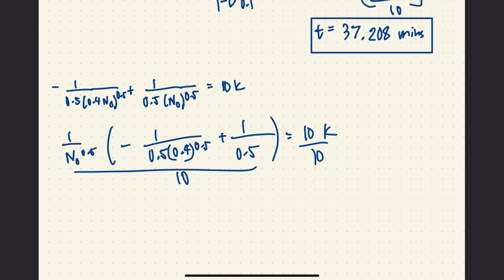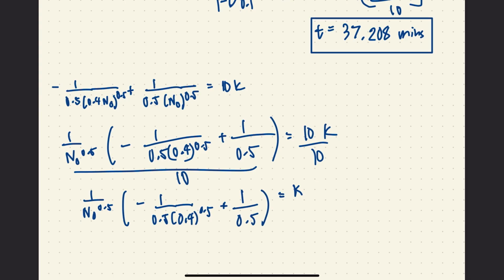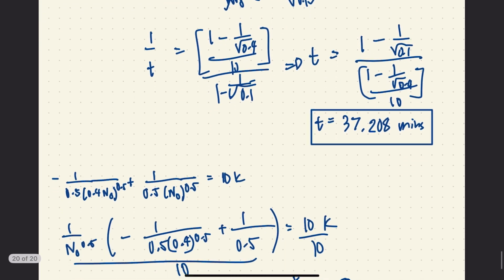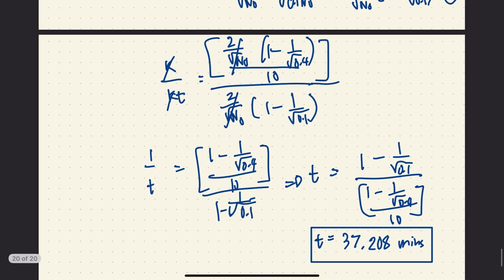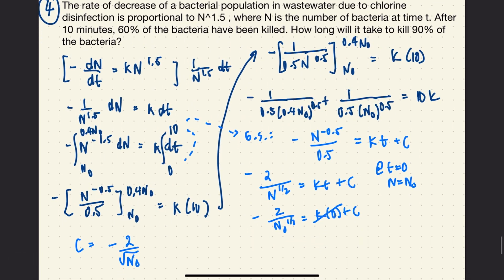You can do the same. Our goal is to have 1 over n0 raised to 0.5 on the other equation, pretty much a similar technique as we have solved earlier. This is the first equation. The second equation, coming from this 90%, will become 0.1 n0 and a time t.